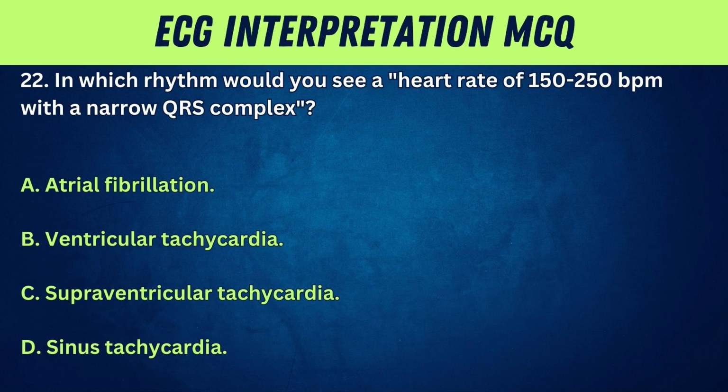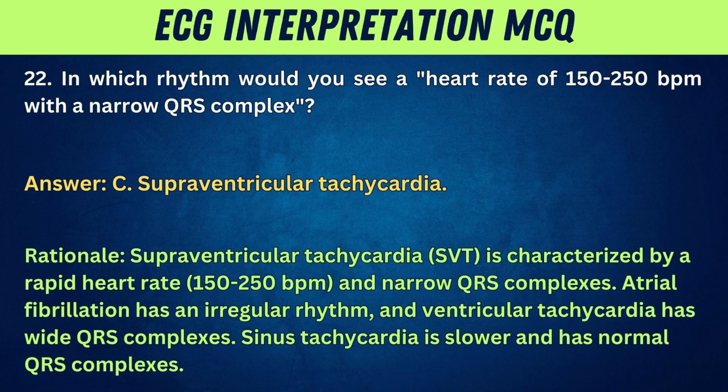22. In which rhythm would you see a heart rate of 150 to 250 BPM with a narrow QRS complex? A. Atrial fibrillation. B. Ventricular tachycardia. C. Supraventricular tachycardia. D. Sinus tachycardia. Answer: C. Supraventricular tachycardia.